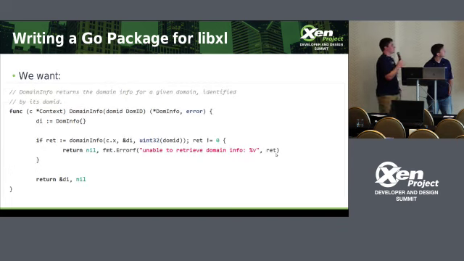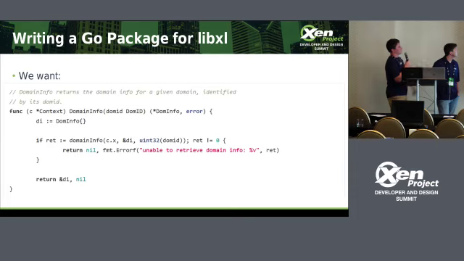So we end up with wrappers that look more like this. If you're not familiar with Go, the C star context here is just saying that this function is operating on that struct, but it's really just syntactic sugar. This is equivalent to just passing the context pointer as the first argument to this function.